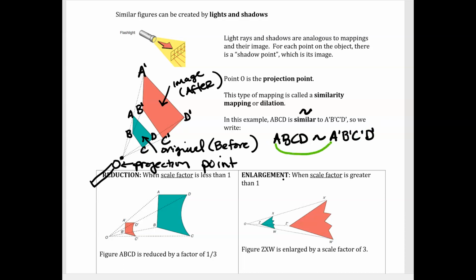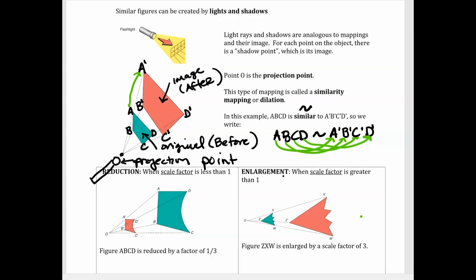So A corresponds to A prime, so you can see on the picture, those match up with each other. B corresponds to B prime, C corresponds to C prime, and D corresponds to D prime. So the order in which you write this matters. The flashlight is one way that you can think of that in addition to the copy machine.